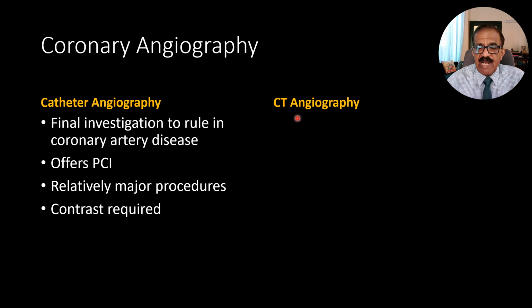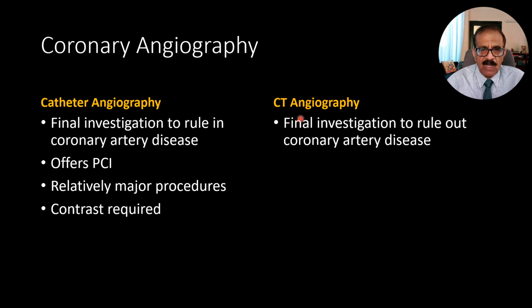Now this is a relatively new technique. With advancement in CT, with the availability of 64 plus slice CT scan, it is now possible to image coronary arteries also. It is the final investigation to rule out coronary artery disease.